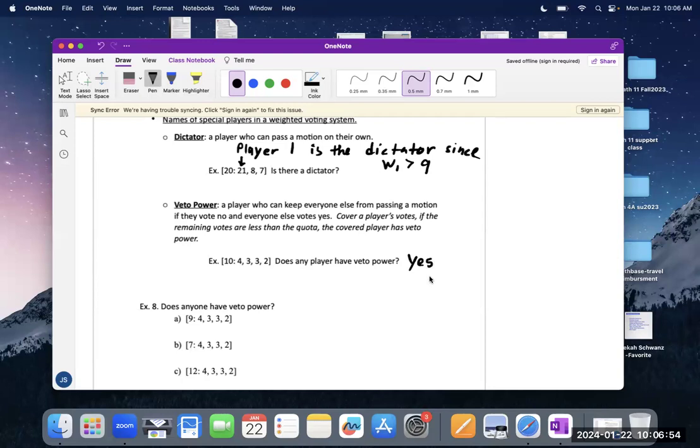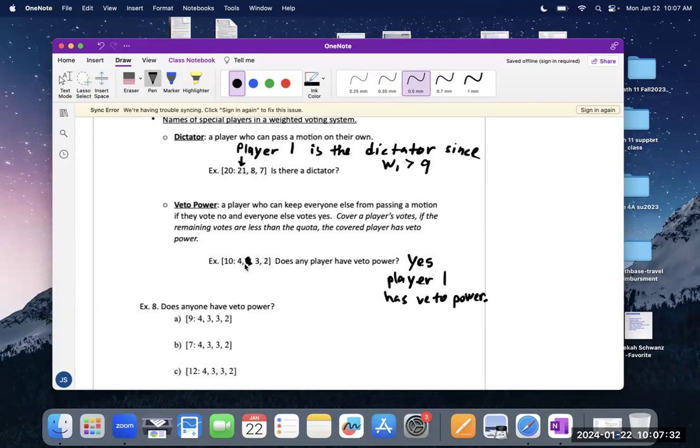Let's check and see if player 2 also has veto power. So I cover up player 2 and I add 4 plus 3 plus 2. So that 4 plus 3 is 7 plus 2 is 9, and it does not equal the quota.